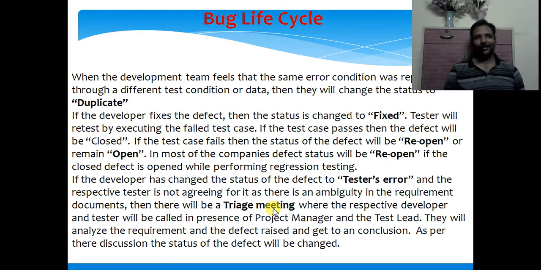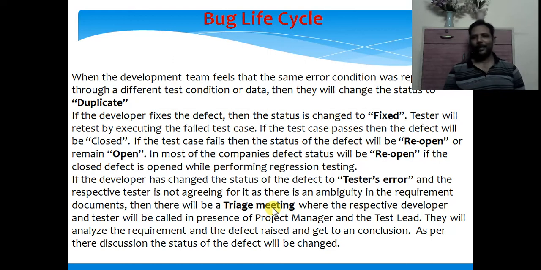They will show their own references. As a test engineer, I will show the SRS reference. As a developer, he may show the design documents, or the programmer specification document, or some document as a reference. Then there will be a discussion in that meeting, and they will conclude whether it is really a defect or a tester's error.